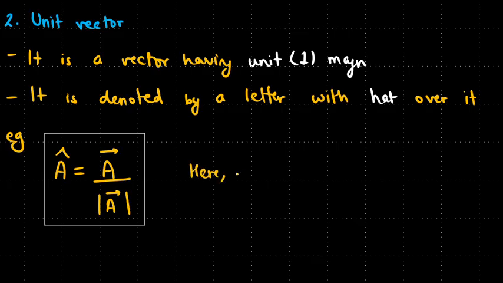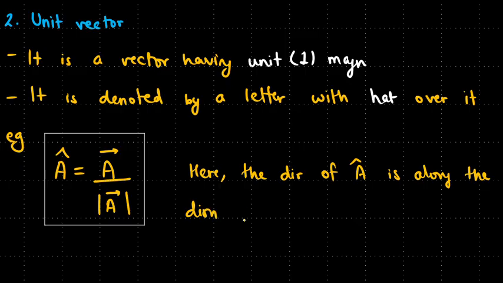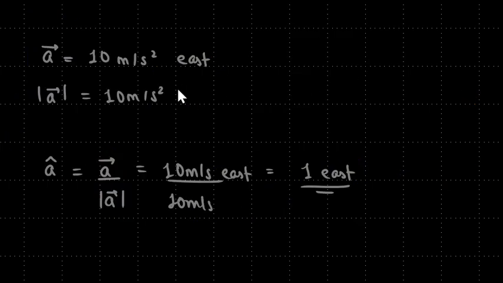Here the direction of a hat is along the direction of vector A, as you can see over here. Since our original acceleration was in the direction of east, our unit vector is also in the direction of east, right?